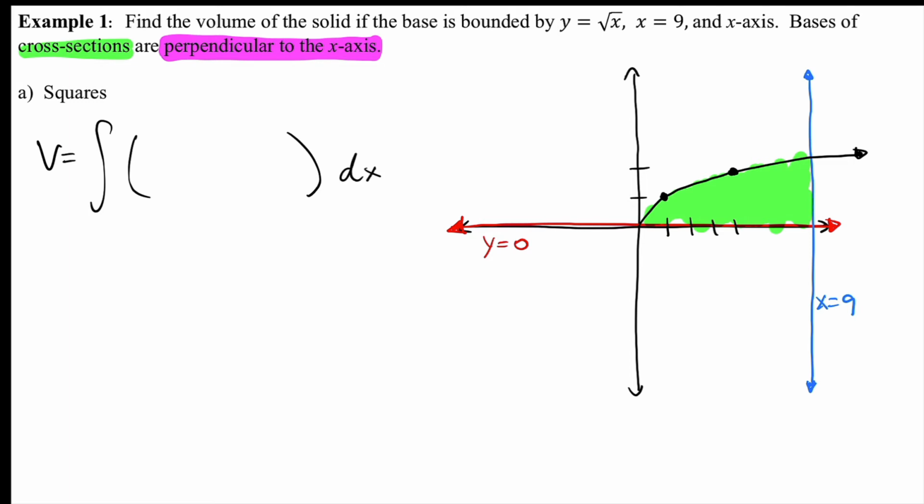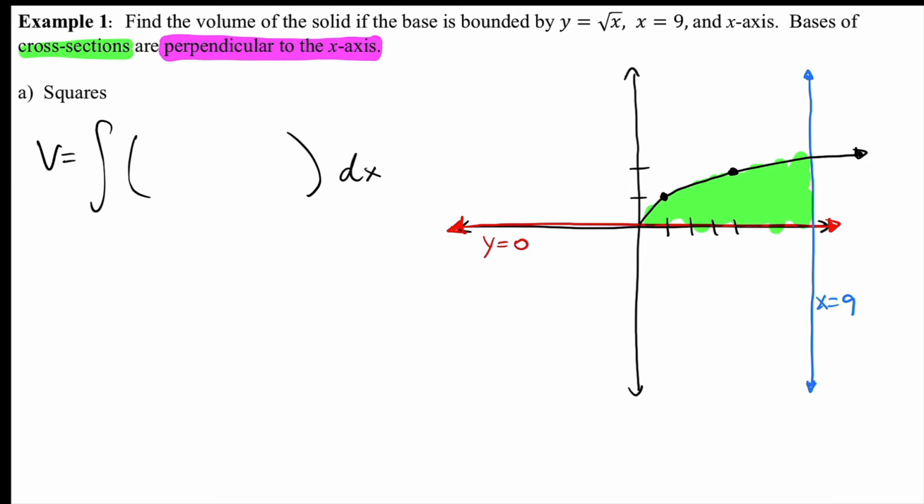Okay, so we need bounds, and we need to find area. Okay, so let's do bounds. So if it's dx, where am I looking for bounds? Top, bottom, left, or right? Am I looking side to side, or am I looking top and bottom for bounds?